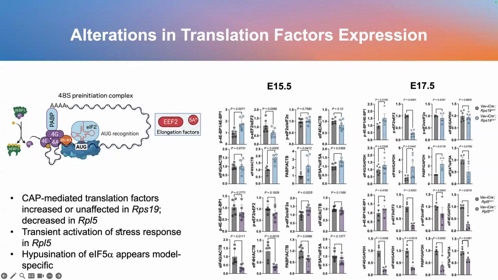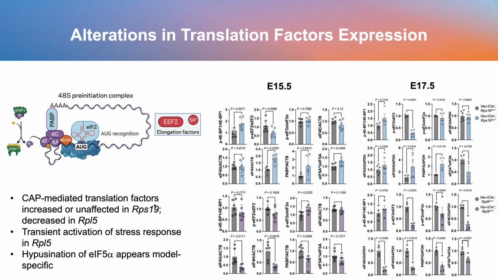And then there was a transient activation of the stress response in RPL5, which could explain maybe why you had this increase at first that we noticed in the mice. And then Naomi Taylor published a couple of years ago in Blood a very interesting study showing the hypusination of EIF5A in the metabolism and in erythropoiesis.